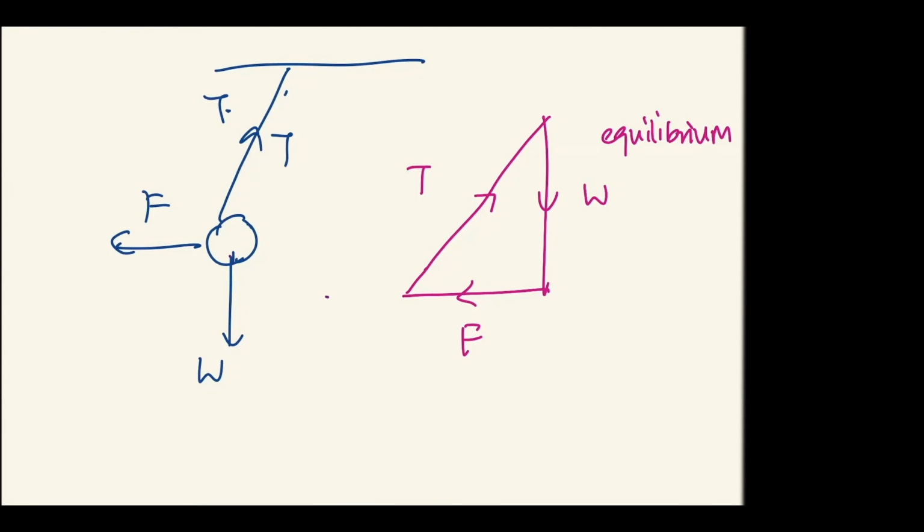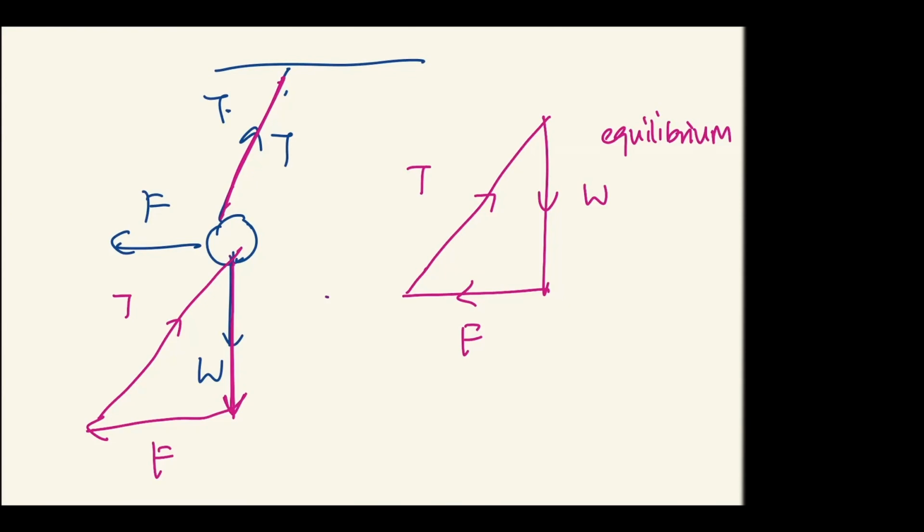So I will draw one down. I always start with weight. Then I want to do it like a jigsaw puzzle. What can I put next? I put force here. And then after that, I will do tension because tension is pointing in this way, right? So I can actually have a rough sketch of it on the diagram itself. Okay, so this is the example that is in equilibrium.